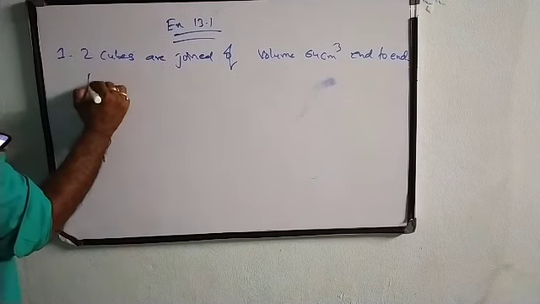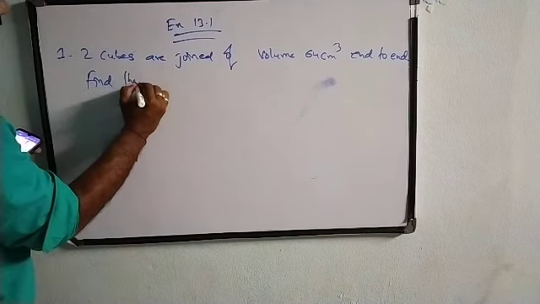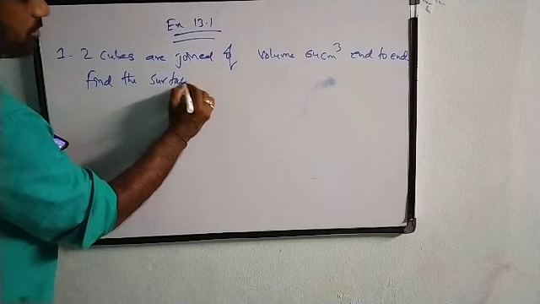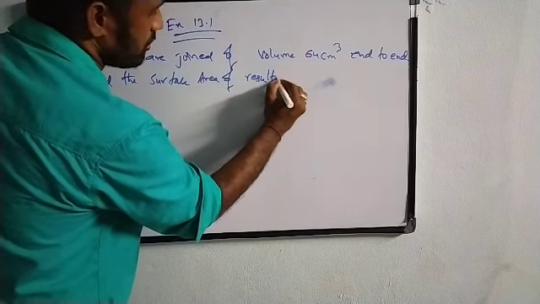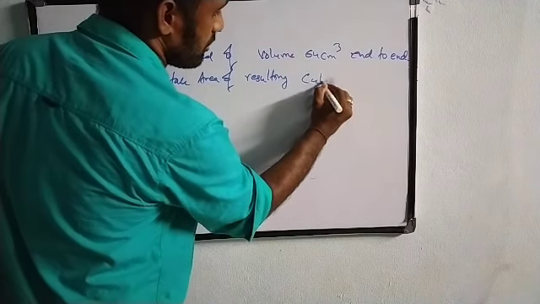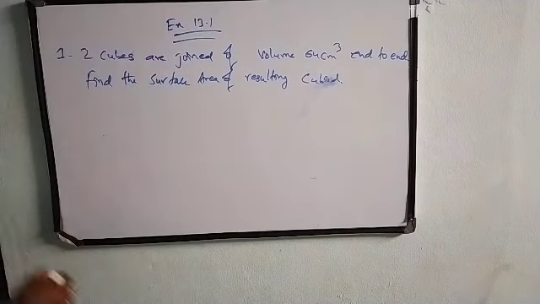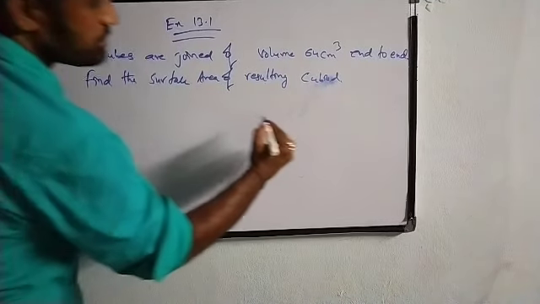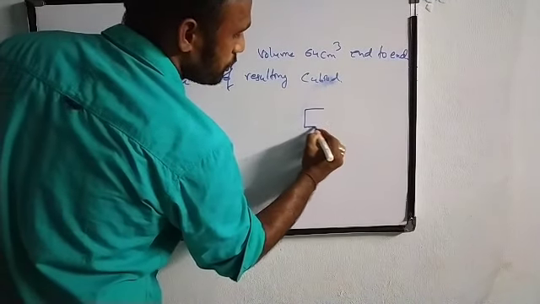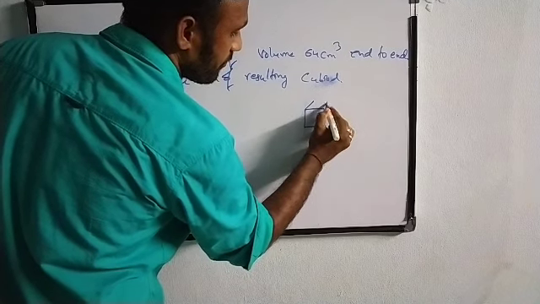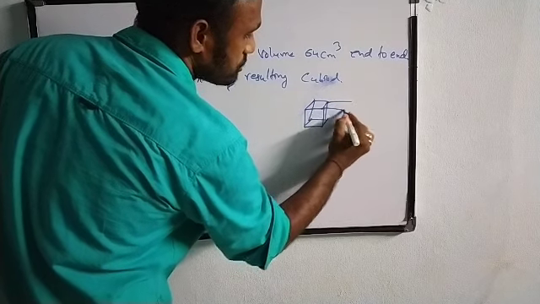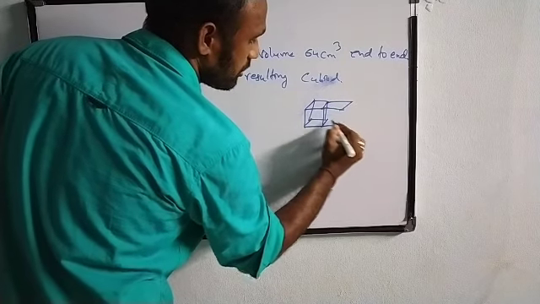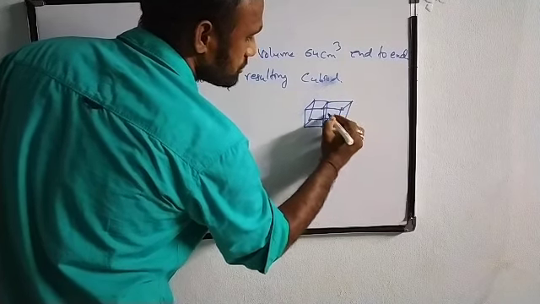Find the surface area of the resulting cuboid. So here two cubes we are joining. Let us suppose this is one cube, and another cube we are joining. Both have equal volumes.